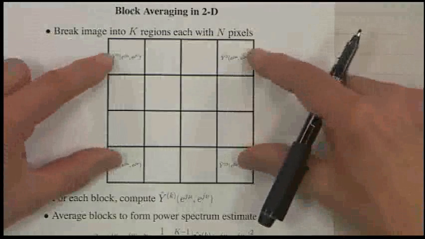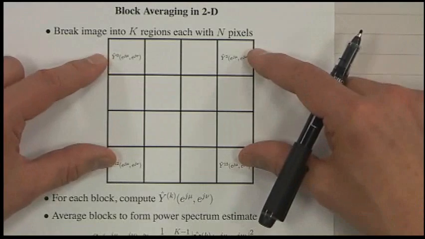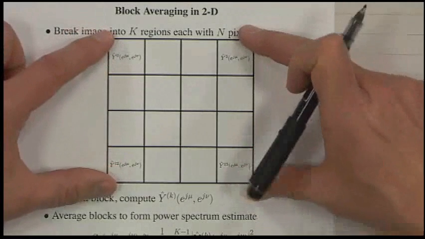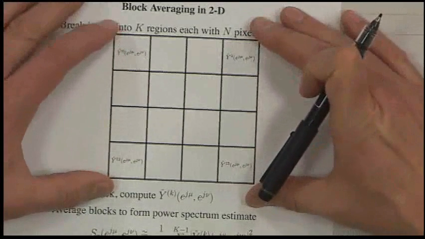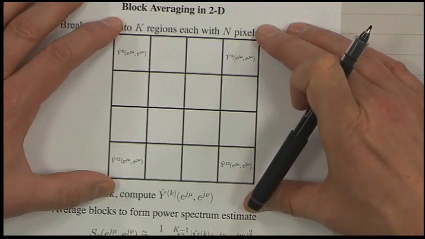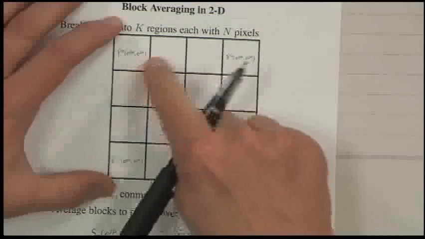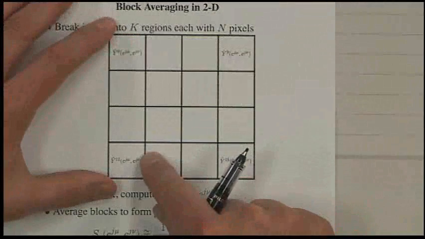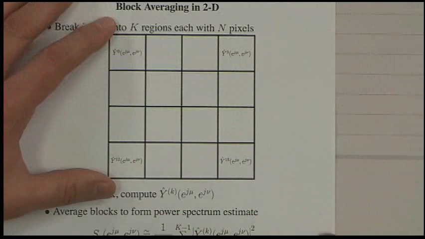Now the problem is how many blocks do you pick? Well, it's a conundrum, okay? Because usually in one of these applications, you have a fixed amount of data, and you have to figure out how you're going to use that data to estimate the power spectrum. If you use a lot of blocks, what's the disadvantage? The blocks have to become small, right? So if you use a lot of small blocks, what's the disadvantage?